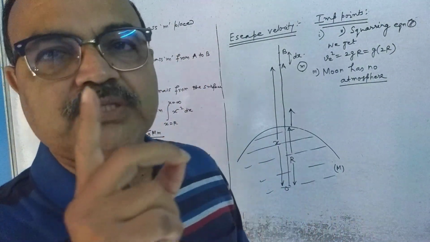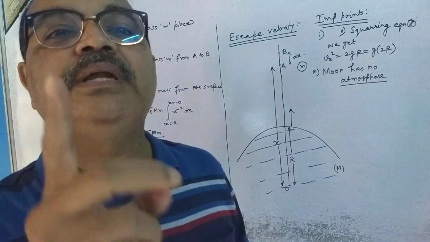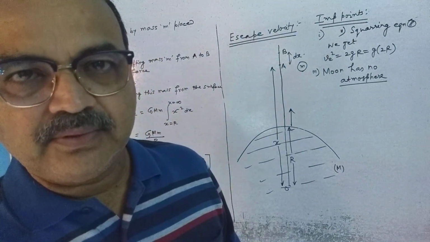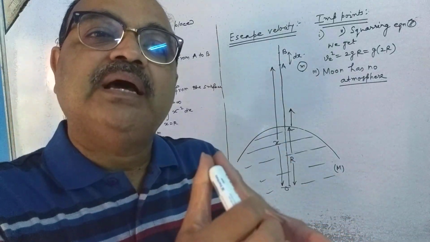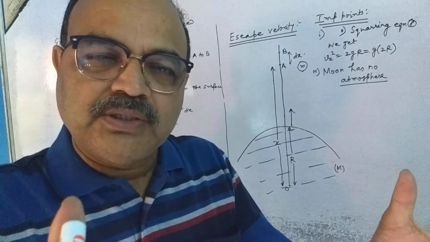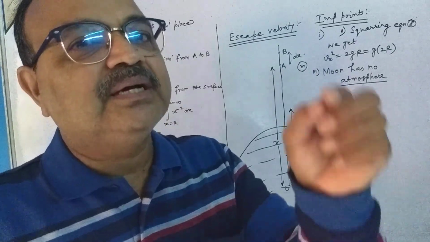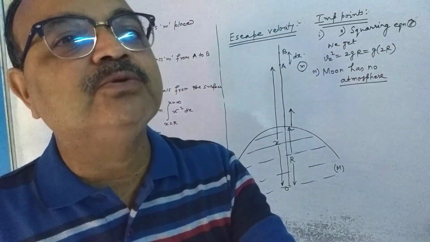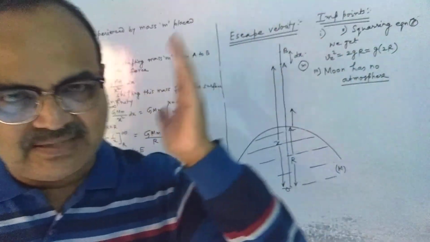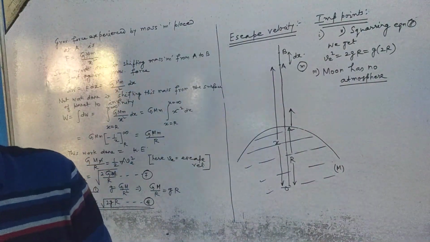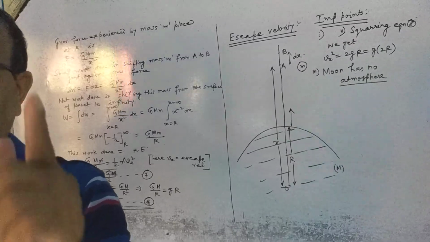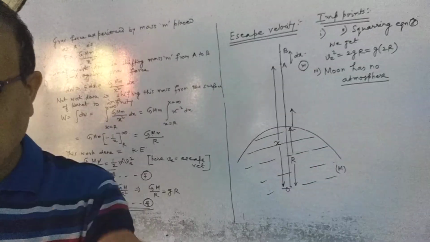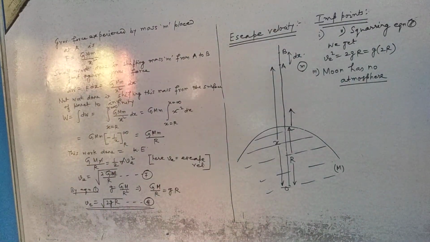The escape velocity on the surface of the moon is very small, right? So what happens? Gas molecules are in random motion. So the velocity of gas molecules can easily cross the escape velocity on the moon. Why? Because the escape velocity on the moon is very small.